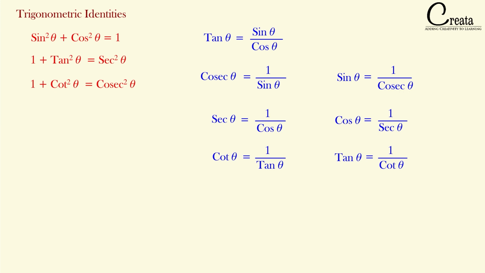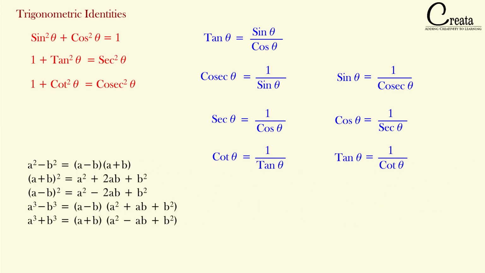Based on these formulas and the basic logic, we will solve all the questions. Apart from these formulas, you should also know the basic algebra formulas. The square formulas, the cube formulas will also be used in solving the questions. Basically, the square formulas are frequently used, so you should know them. So these are the formulas based on which we will solve the exercise 8.3.